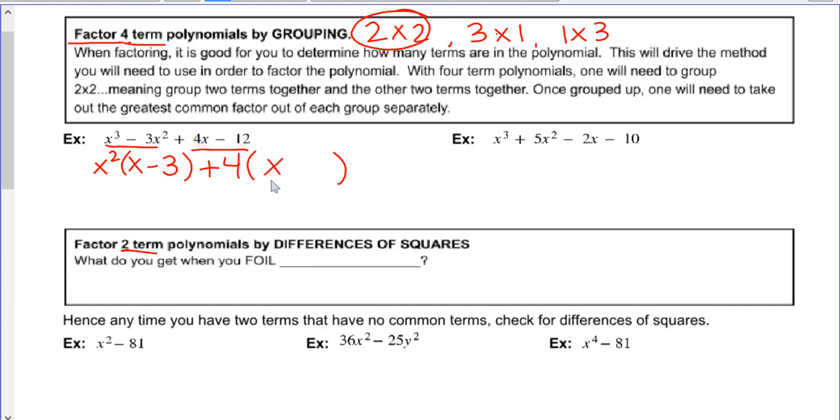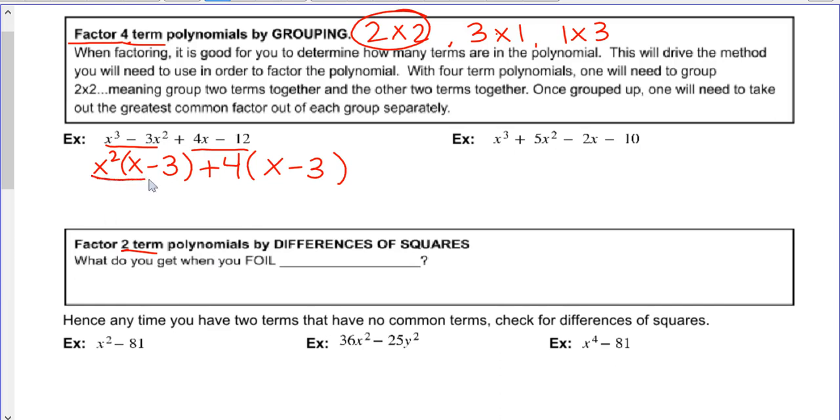Hoping you say x. Positive 4 times a negative what gives me a negative 12? Well, 4 times a negative 3 gives me a negative 12. So you can go ahead and put that sign down there knowing that you're not taking a negative out to change. And then just ask yourself 4 times what number is 12.